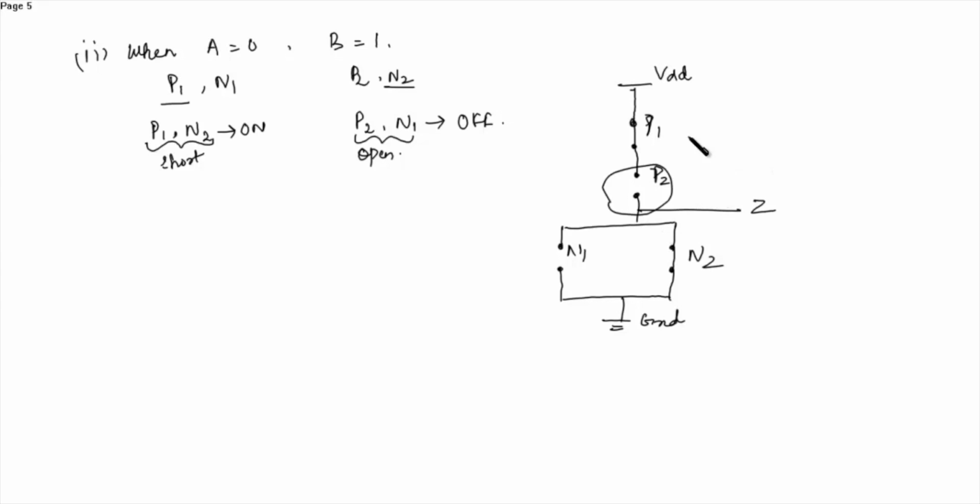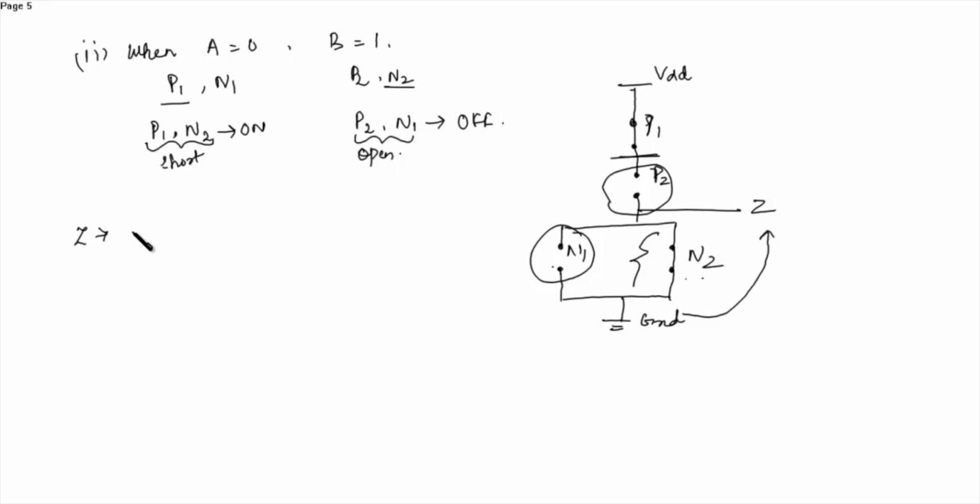This is the open circuit which blocks the flow from here. Since N1 and N2 are parallel, if one is open circuit and the other is short circuit, then you get the output as ground.